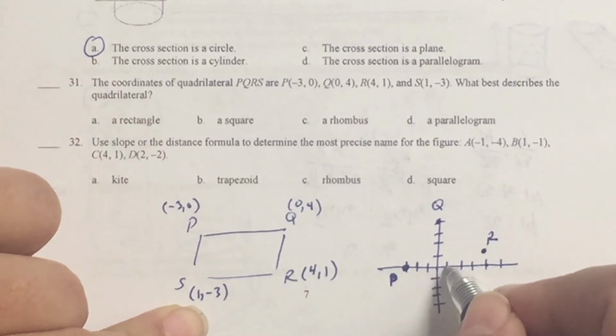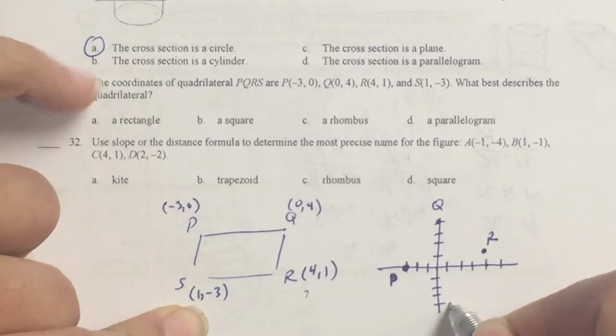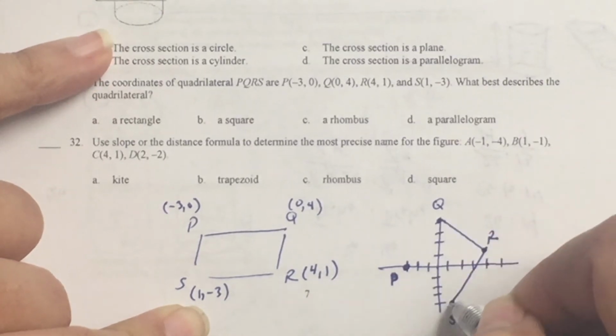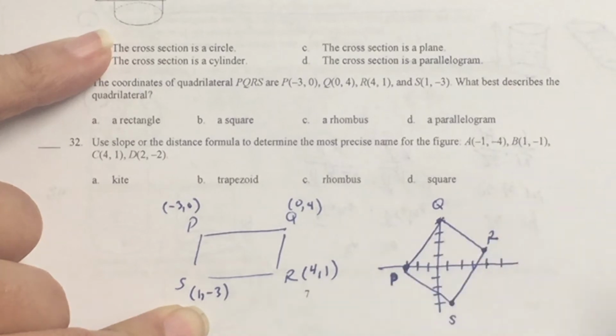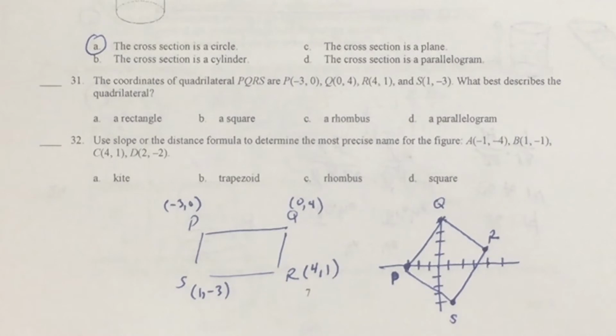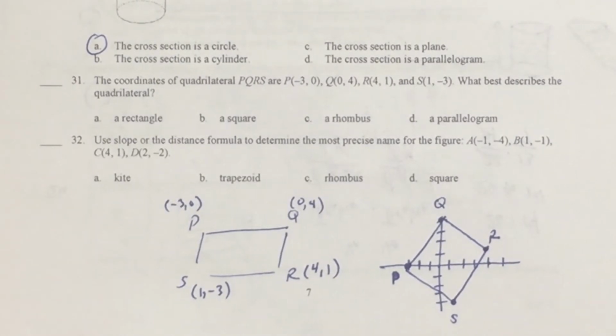S is 1, -3: 1, 2, 3, 4. Okay, kind of looks like a square, but I don't know. So let's try. All right, let's see if it's a square.